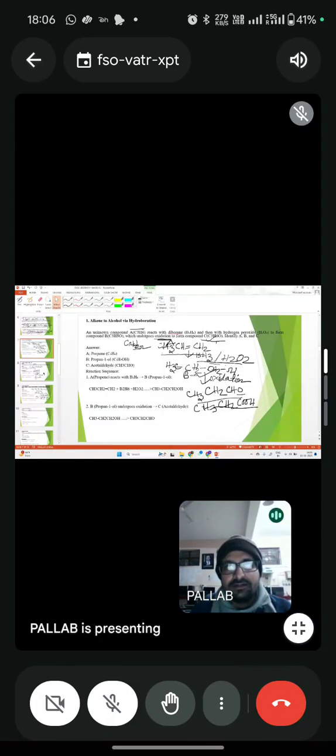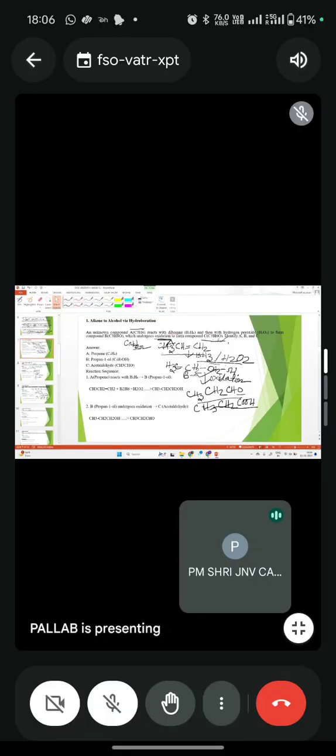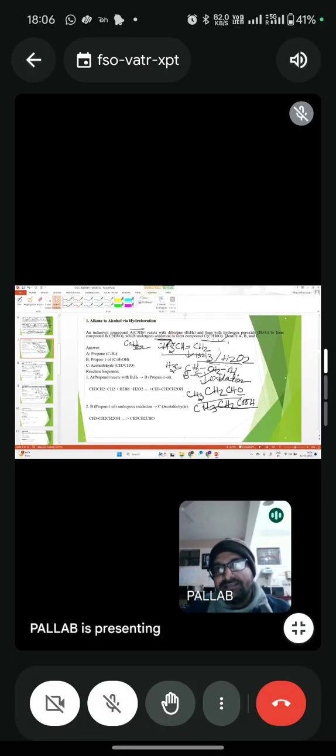The aldehyde or carboxylic acid both can be formed, but actually here we need to observe this formula. There is a printing mistake in that formula. That's why I have written that down thoroughly. There is a printing mistake in that question, my dear student.